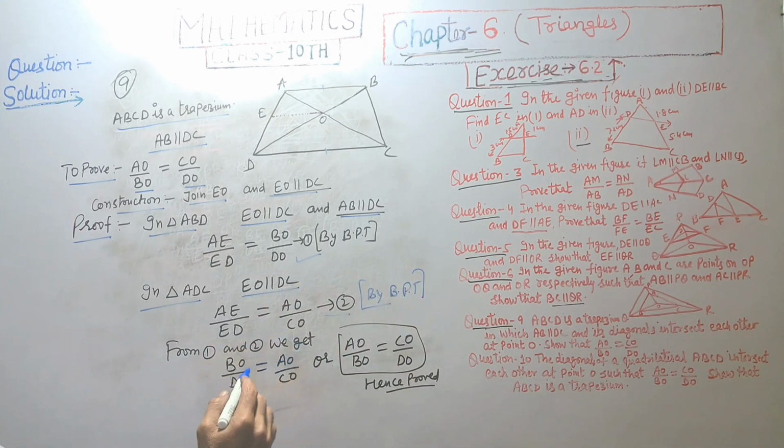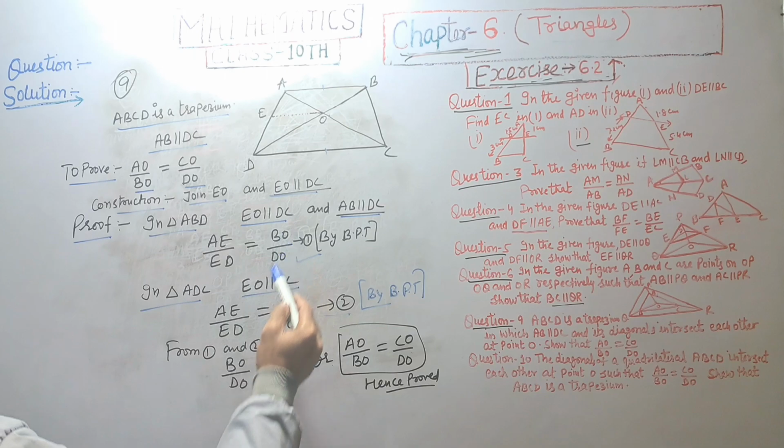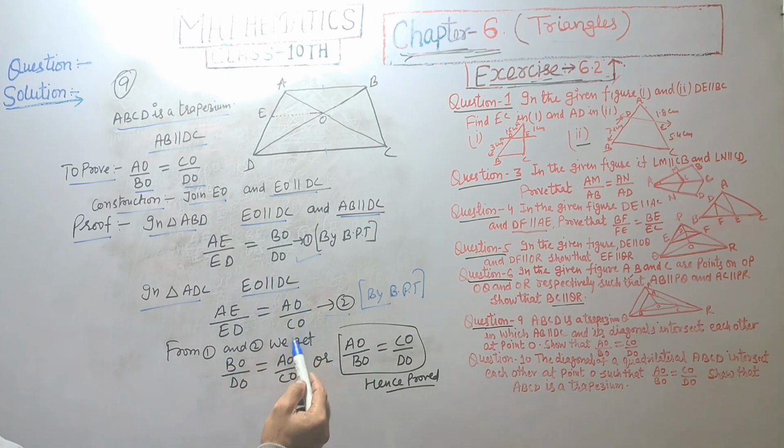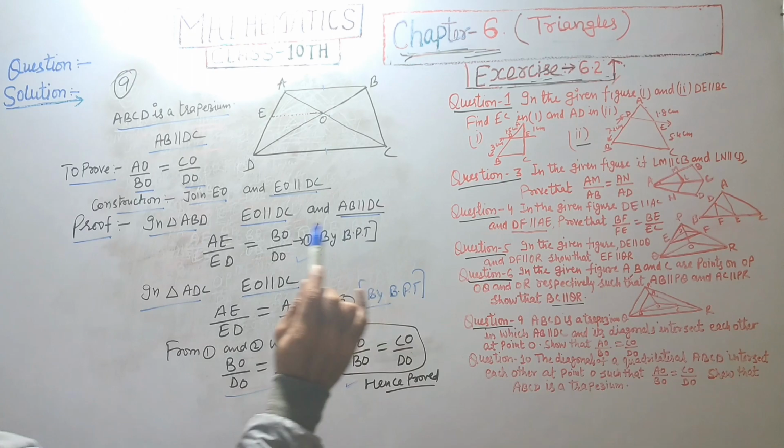From equation first and second we get BO upon DO is equal to AO upon CO, and this can be written as AO upon BO equal to CO upon DO. Hence proved.